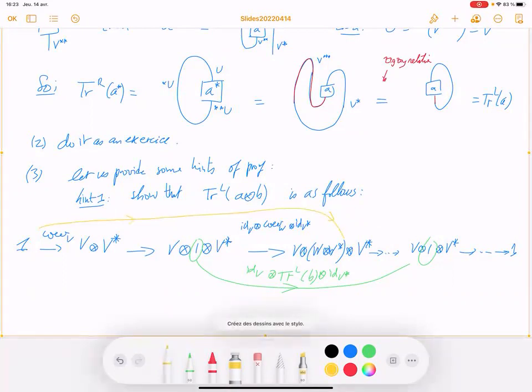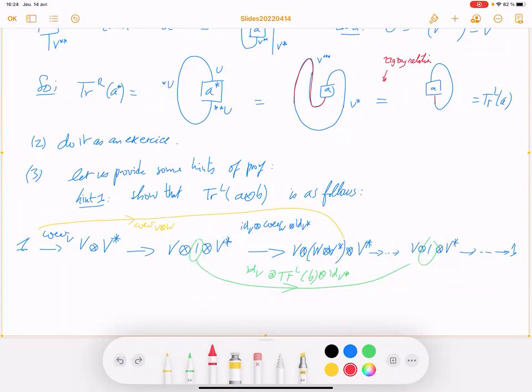Co-evaluation map, coev of the tensor W. So the coev of the tensor W, you should show that you can decompose like that, and when you are here, you focus on 1, and then you can develop the left trace of A up to here.